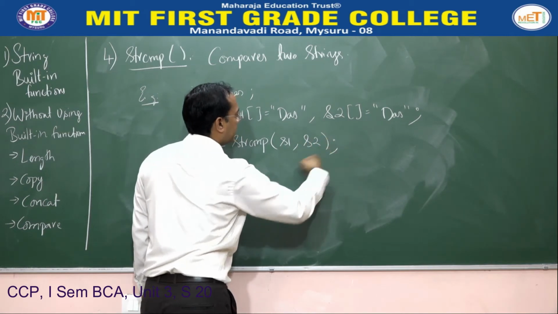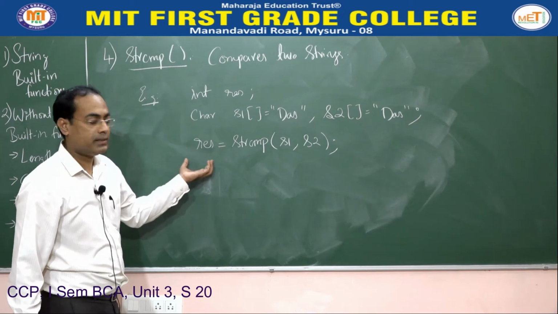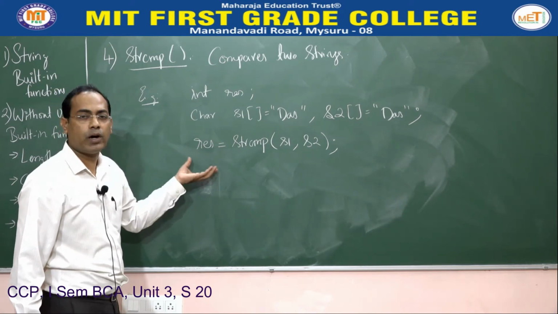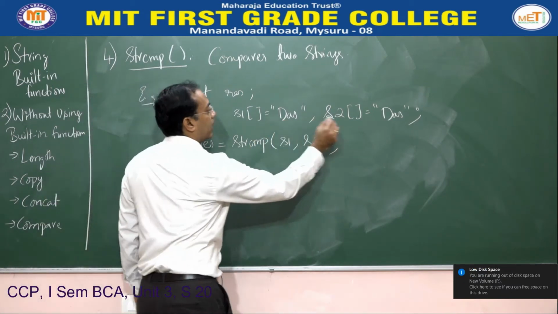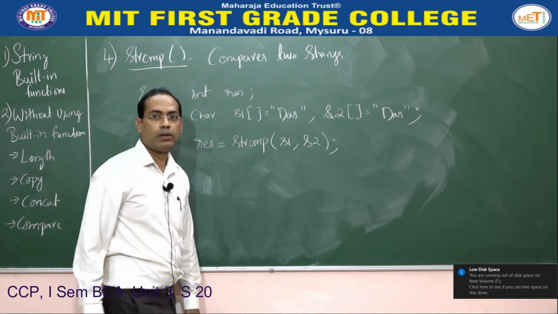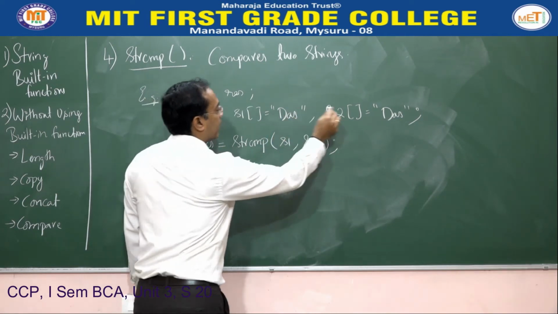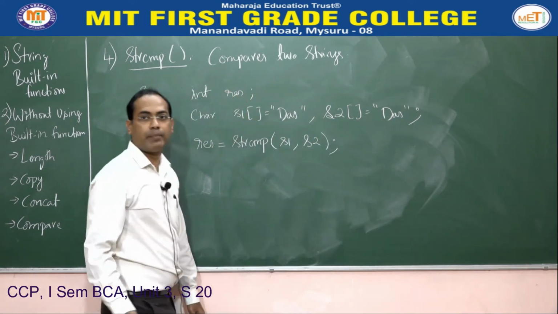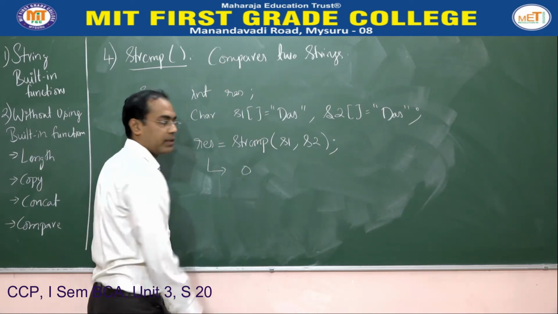It takes two arguments. Now what would be the answer for this? In the sense, what will be the value of result after executing this instruction? See, both are the same string, and here we have used capital D, here also we have used capital D. So both are similar, the result value will be 0.